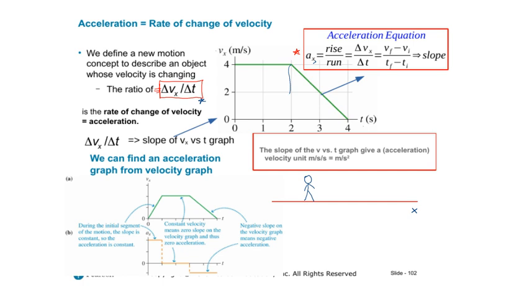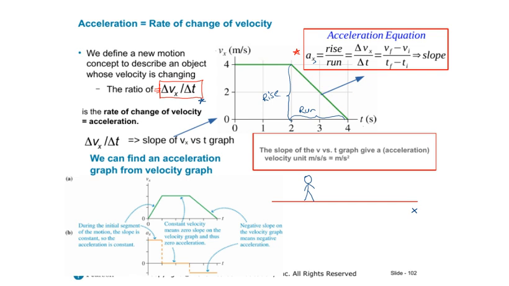From the slope of the velocity versus time graph, we can get the acceleration. So that's new information here. The slope of the velocity versus time graph will be rise over run.